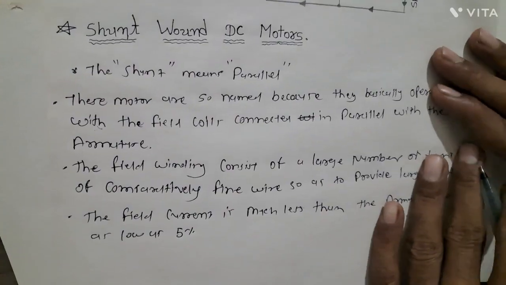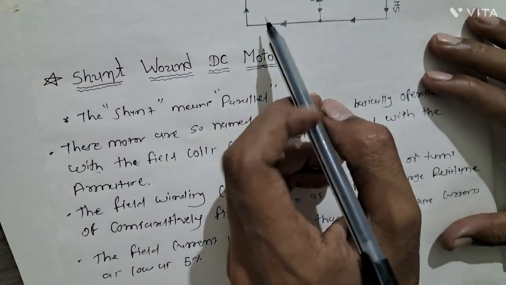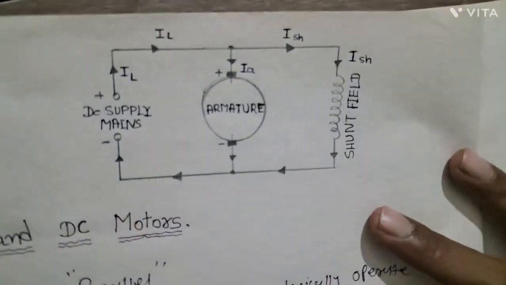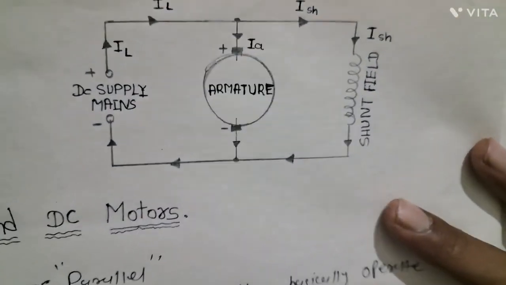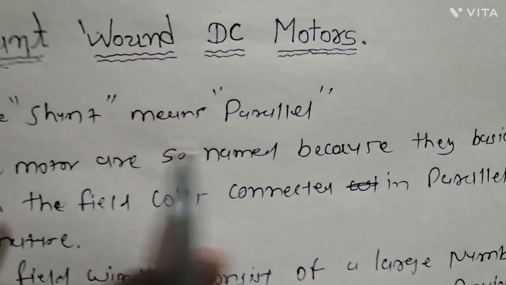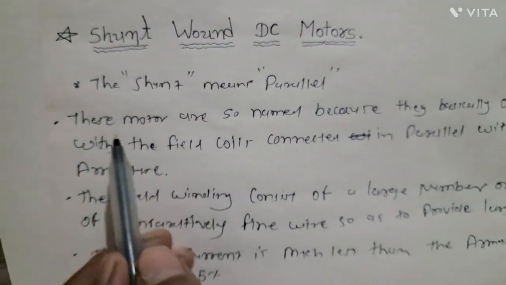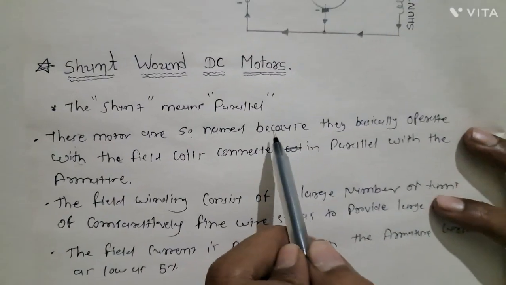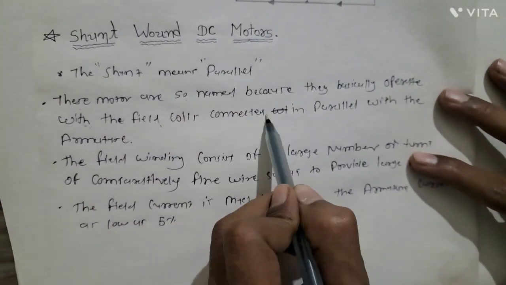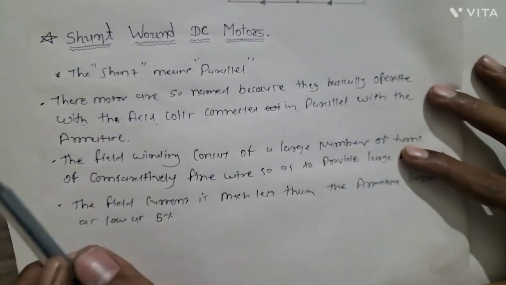Okay, in this figure we have defined the shunt wound DC motor. Shunt means parallel. These motors are so named because they basically operate with the field coils connected in parallel with the armature.